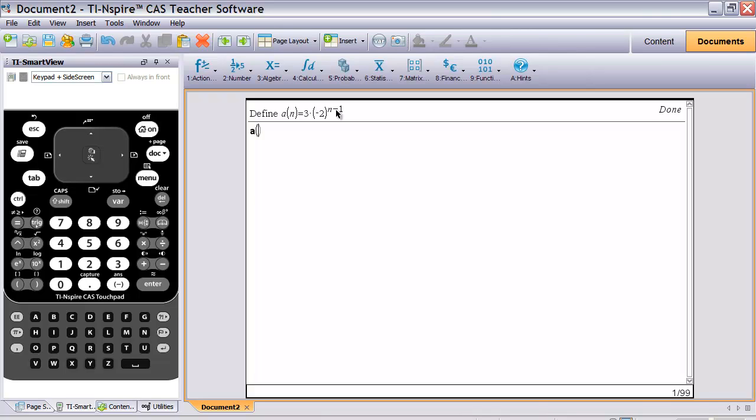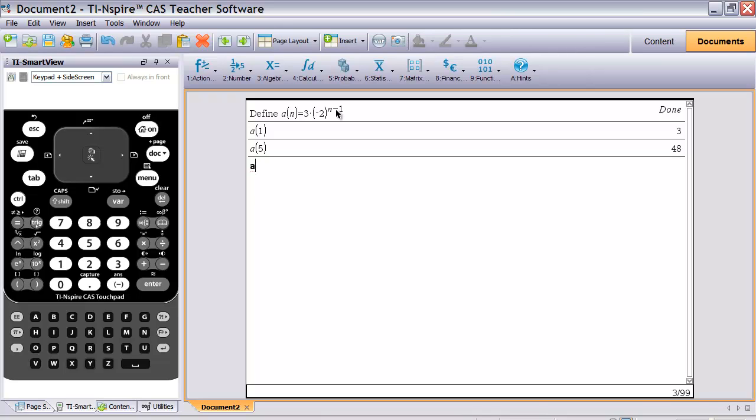So if I want to find the first term, I can put 1 in, hit enter, and it will give me that value, which obviously would be 3, because negative 2 would be raised to the 0 power, which is 1. 3 times 1 is 3. Okay. So if I want to find the fifth term, I can say a sub 5, which is 48.